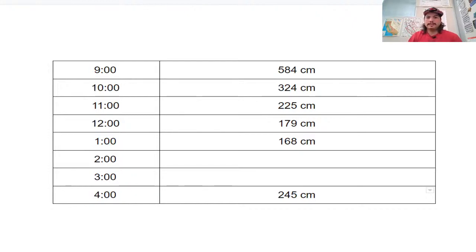So here's the number data. We notice at 9 o'clock in the morning, we had a 584 centimeter shadow. If you want to do it in meters, you divide by 100, so 5.84 meters, right? Almost 6 meters.